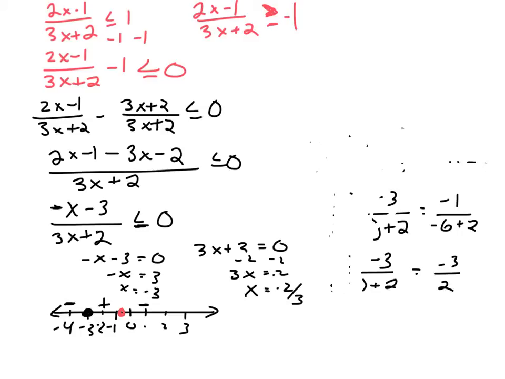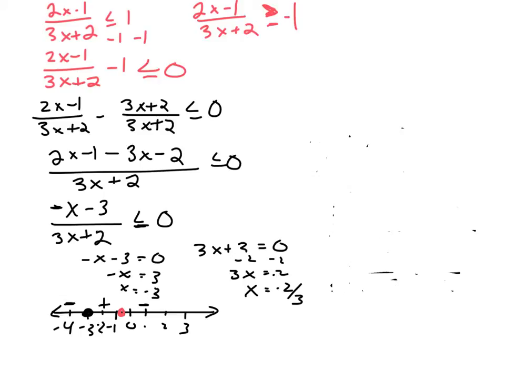So we're going to be less than 0 when we are less than negative 3, when we are in this area, and then also when we are more than negative 2 over 3, right? So let's go ahead and write that down.